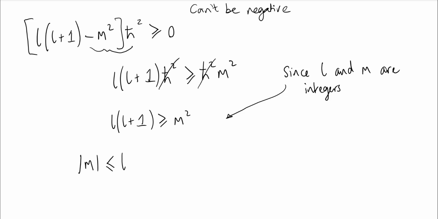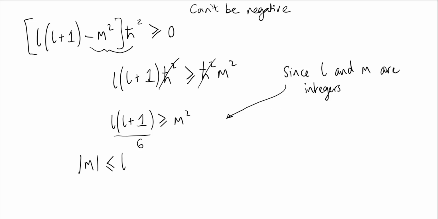And if you think about this, if m was equal to 3 and L was equal to 2, on the left hand side we'd end up having 2 times 3, which is 6, and if m was 3, that would be 9.